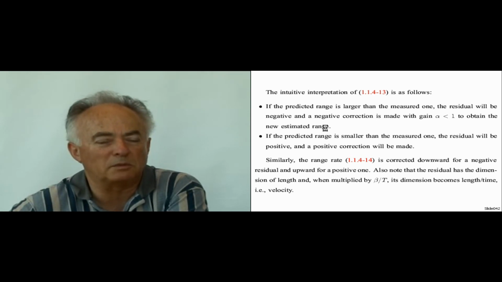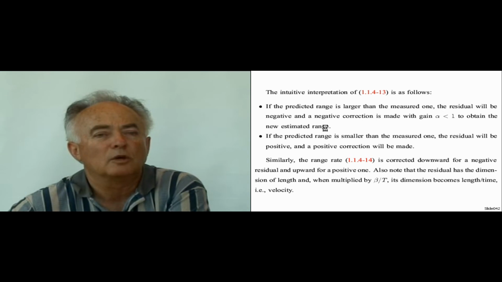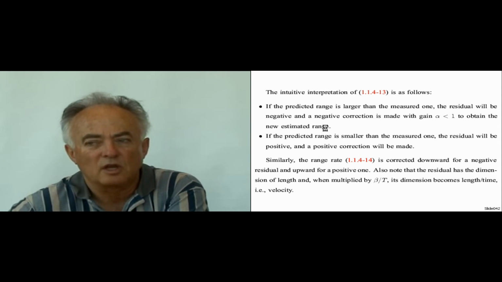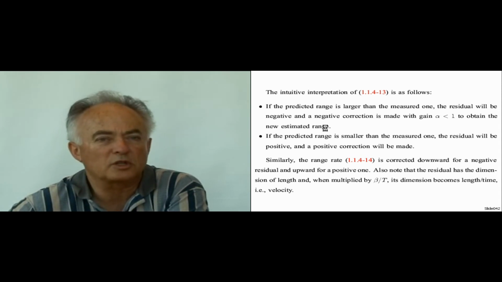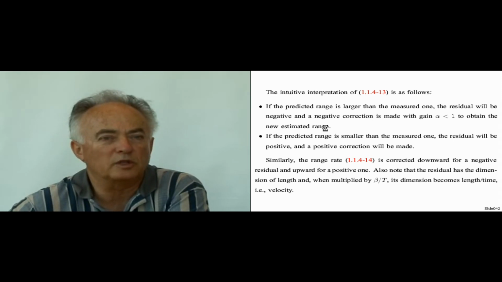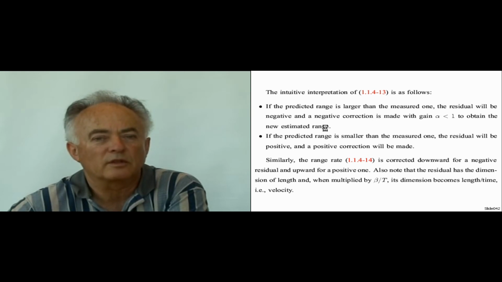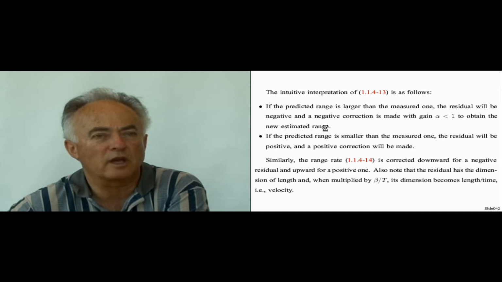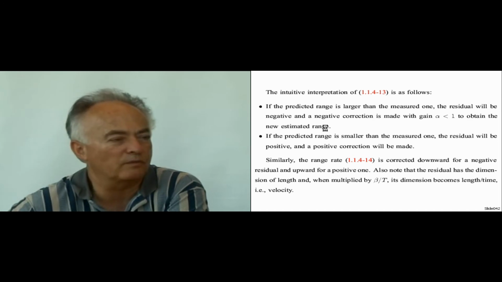So we do a compromise between the predicted range and the observed range to come up with the new updated range. And this is completely consistent with the original picture where it was shown in that one-dimensional motion. That is the way a negative residual would correct the position from predicted to updated is as a smaller value, namely we make a negative correction.